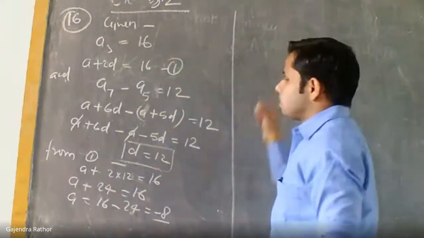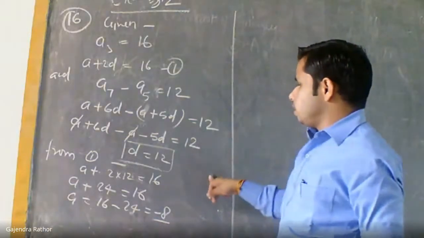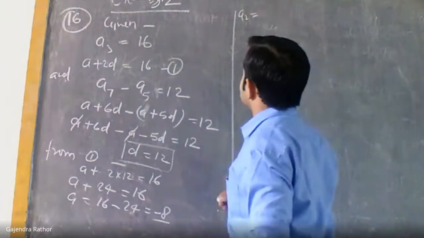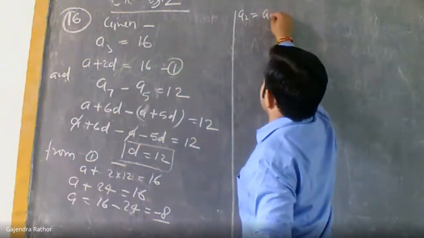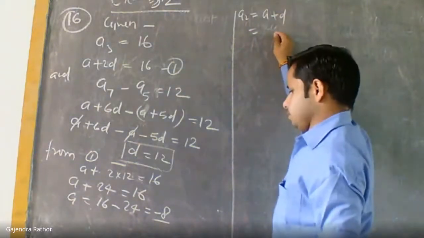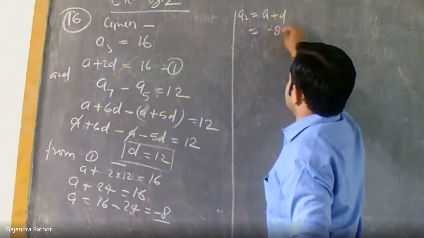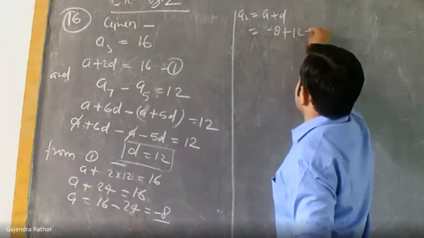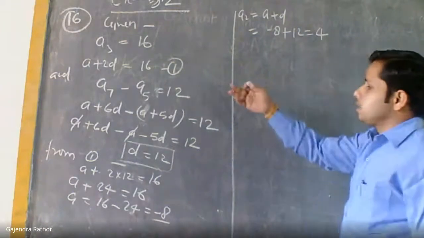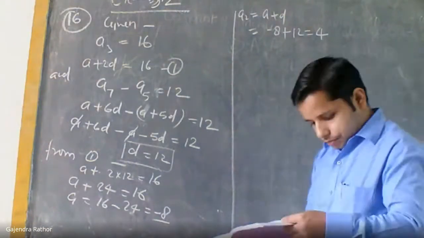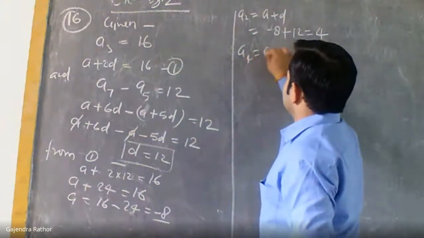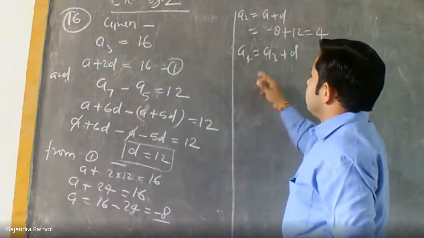So let's find some other terms. We have A1, then A2. What is A2? A plus D. What is the first term? Minus 8 plus 12 is equal to plus 4. Next, A3 we have already. Next, A4 is equal to A3 plus D. What is A3?